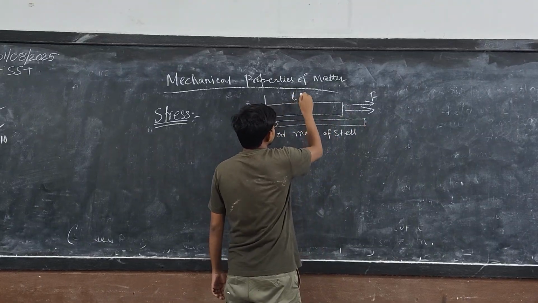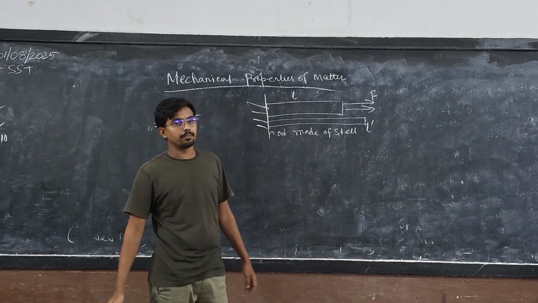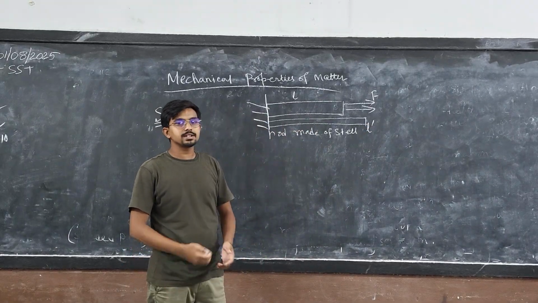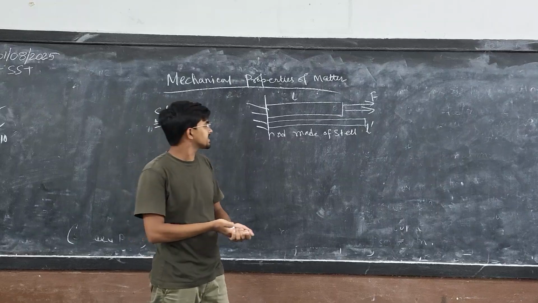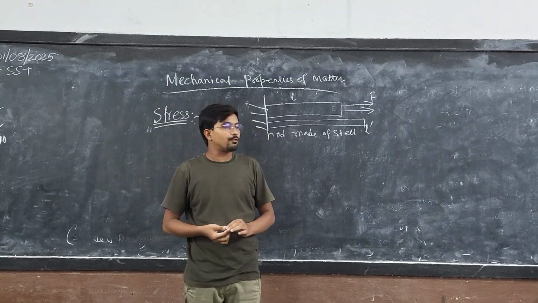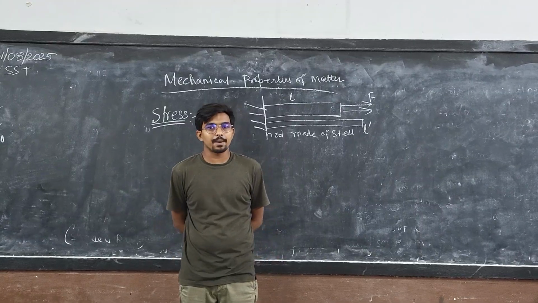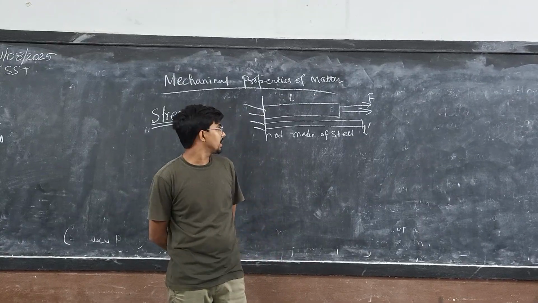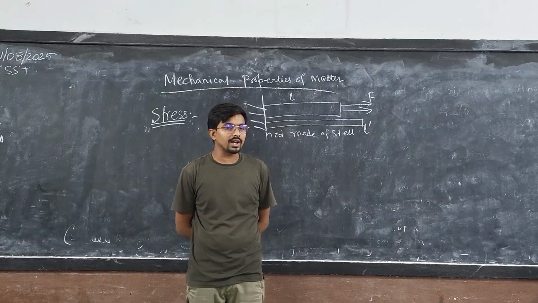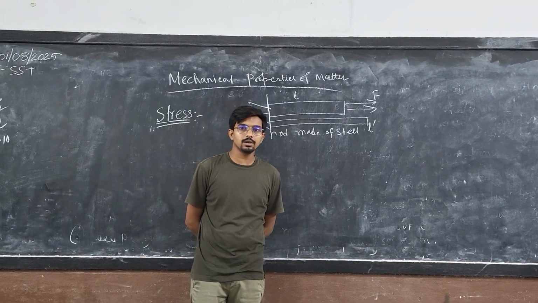If the initial length is L, now this length will be L prime. So we have applied a force which can deform the original shape or size. That's why this applied force is also known as deforming force.